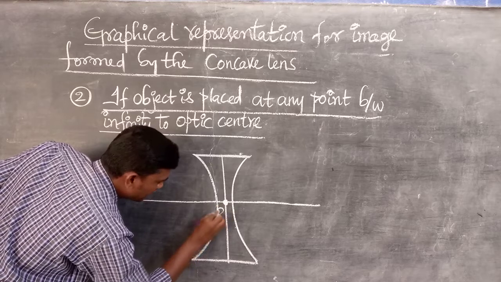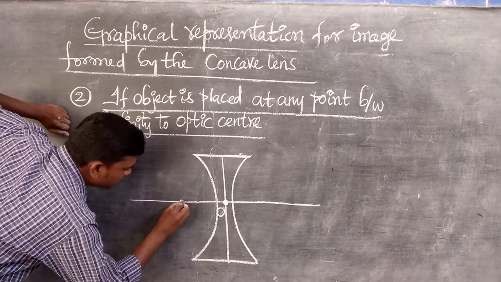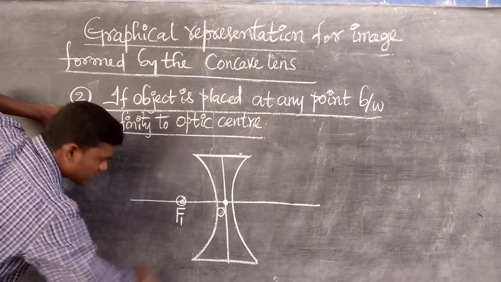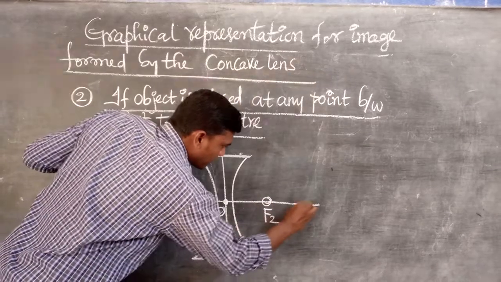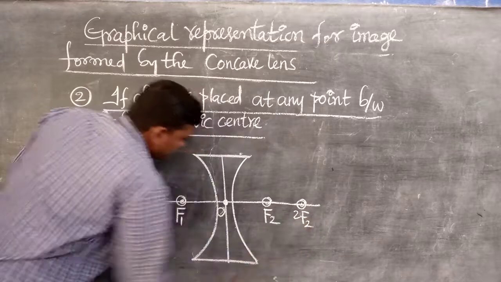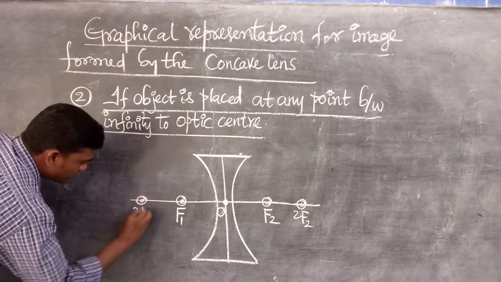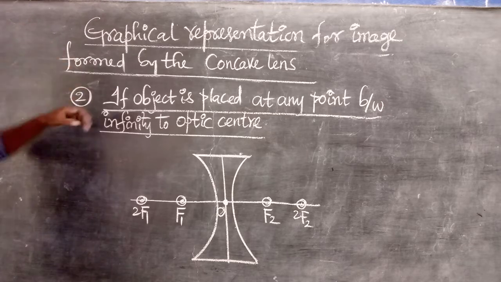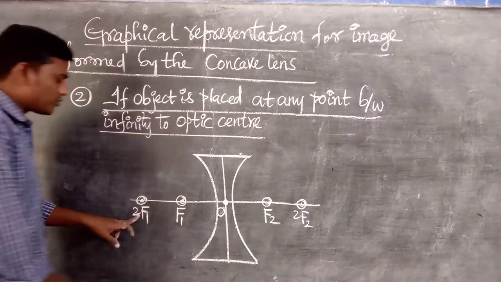It is an optic center O. We can see the focus F1, and on this side F2, and 2F2. There is no need to mention it, but okay, it is 2F1. So consider the object is placed anywhere between infinity and optic center, for example between 2F1 and F1.